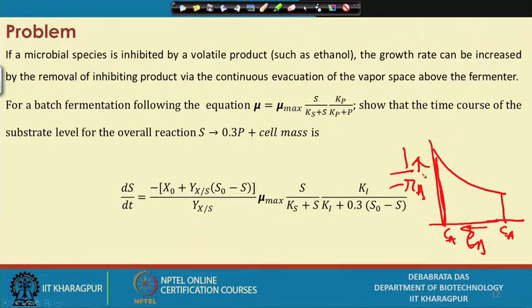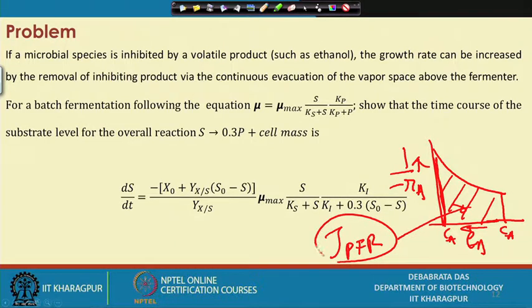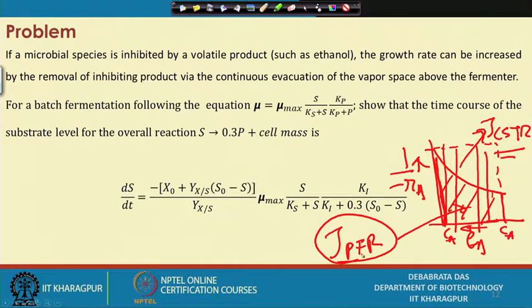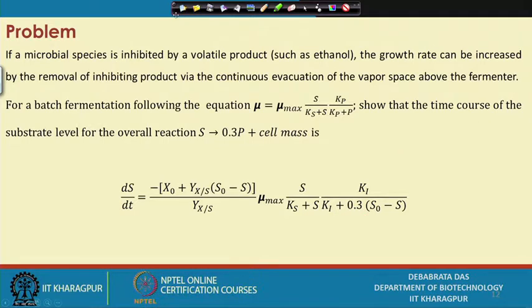If we have this kind of correlation, we find the area under this curve, which is tau plug flow reactor. This is much less than the area of the rectangle, which is tau CSTR. So tau CSTR will be much higher compared to tau plug flow reactor, so we prefer the plug flow reactor. In case of product inhibition, we usually recommend the plug flow reactor.